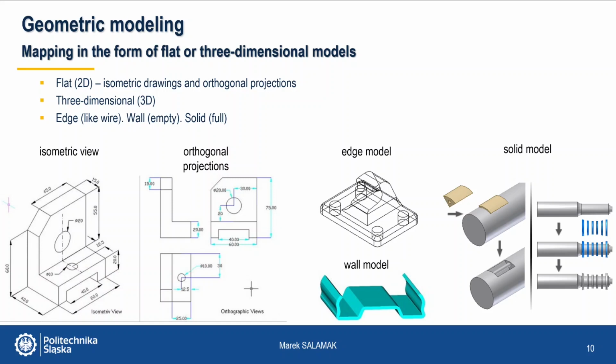The three-dimensional representation can be represented by wireframe models that appear to be made of wire. Wall models that already have their edges obscured by model faces but are empty inside. And finally, we have solid models that have filled interiors and we can mark the edges of interpretation on them.